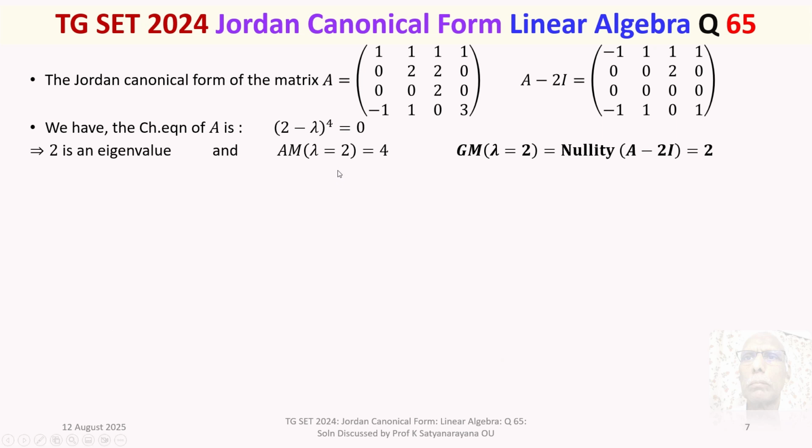So we have the algebraic multiplicity is 4, and the geometric multiplicity of lambda equal to 2 is the nullity of A minus 2I, which is equal to 2. Now, the Jordan canonical form of A has 2 Jordan blocks. The geometric multiplicity of lambda equal to 2 will give you the number of Jordan blocks.